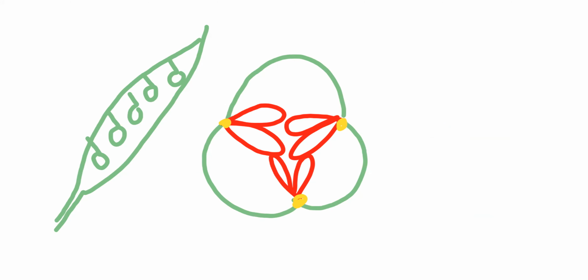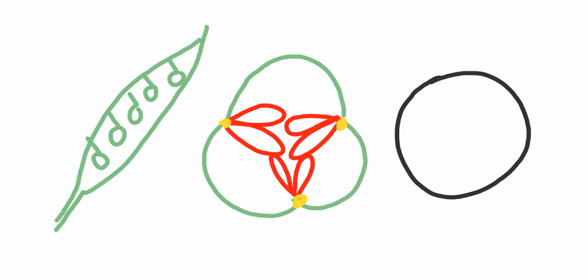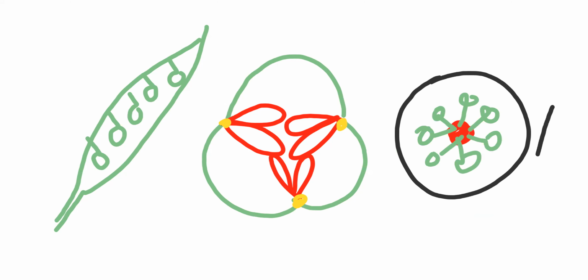Then next, if this type of diagram is given, then tell me this one indicates what type of placentation? Free central, correct. Then next, this type of placentation is which one? Basal, correct.